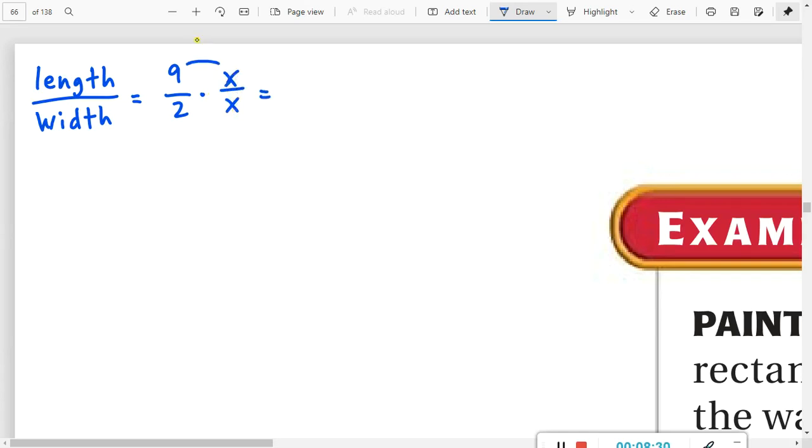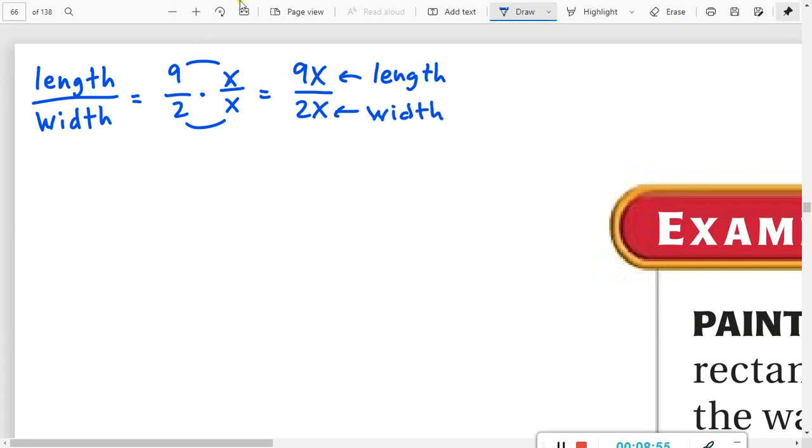So 9 times x is 9x, and 2 times x is 2x. This 9x is going to be the length, and the 2x is going to be the width.